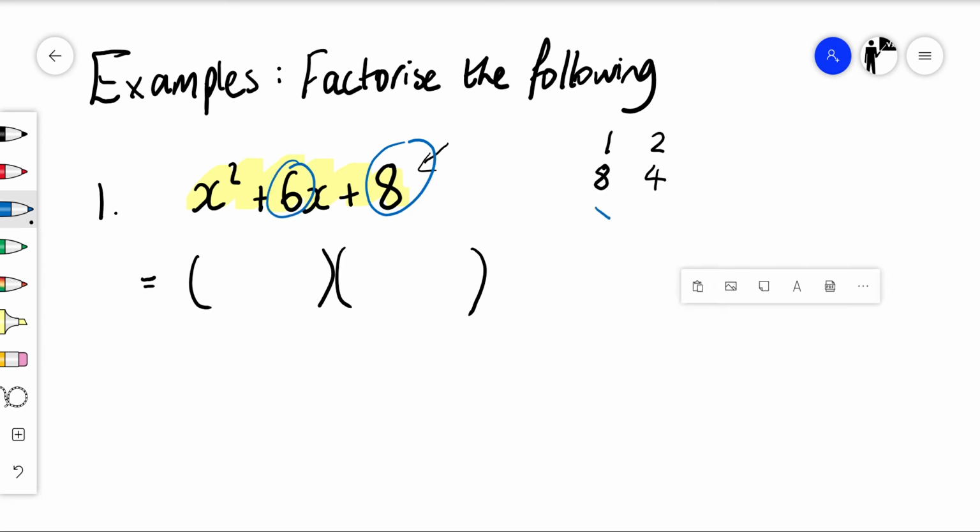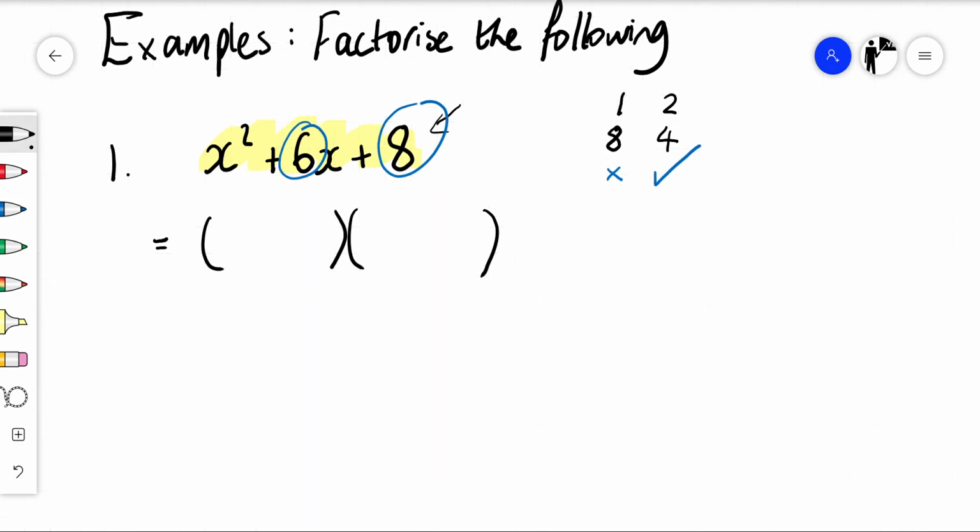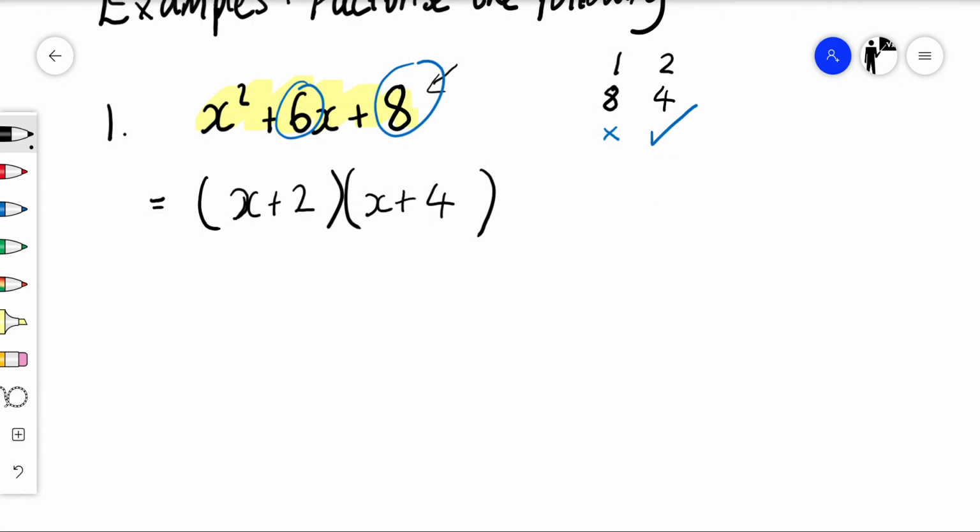So 1 plus 8 is 9, but 2 plus 4 is 6. Therefore my brackets are going to be x plus 2, x plus 4. These numbers multiply to make 8, and they add to make 6.